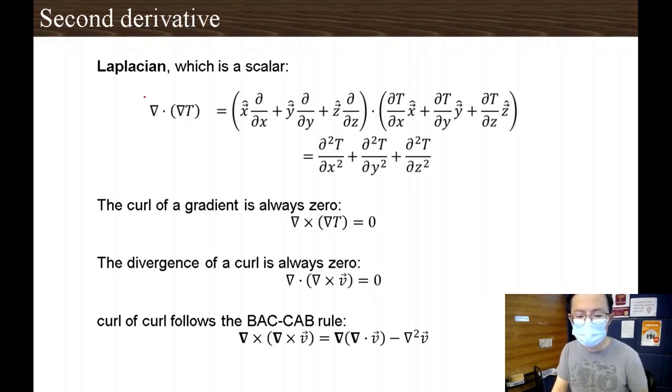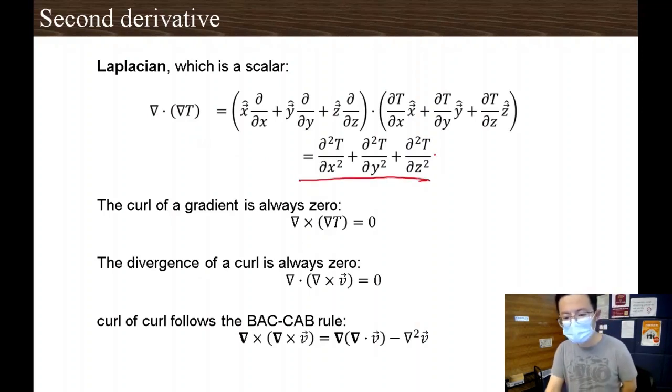If you work it out in component form, you can see that the divergence of a gradient is actually a scalar, and this scalar has a very beautiful form: partial squared by partial x squared, plus partial squared by partial y squared, plus partial squared by partial z squared. This has a particular name called the Laplacian, and you will be using that extensively later.